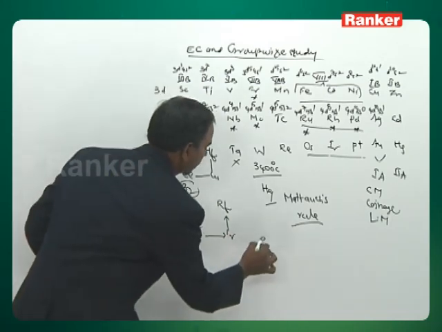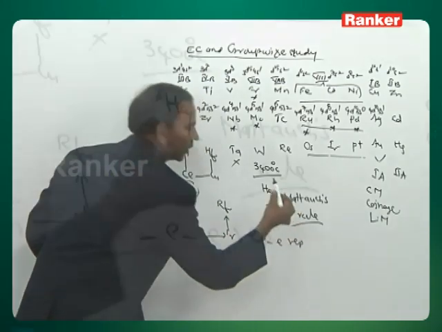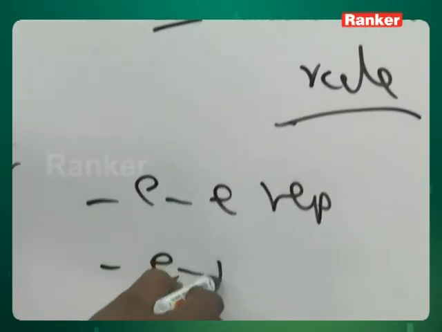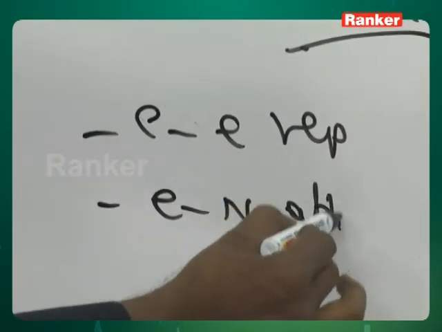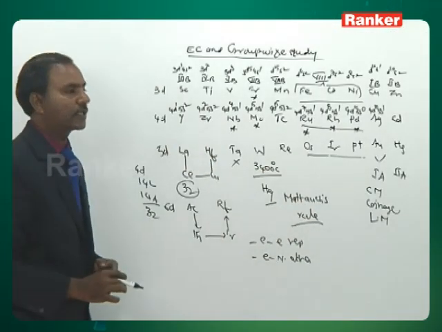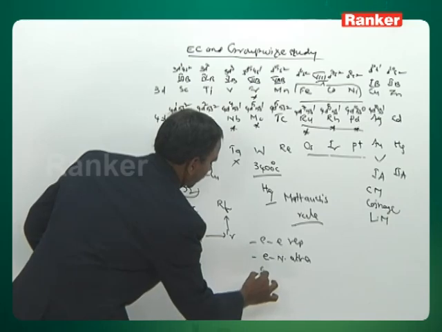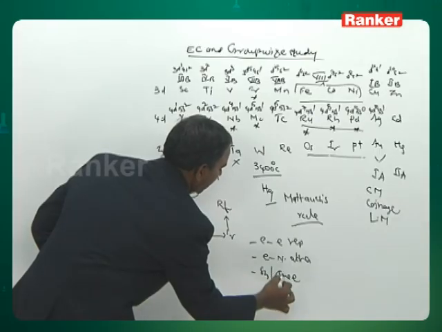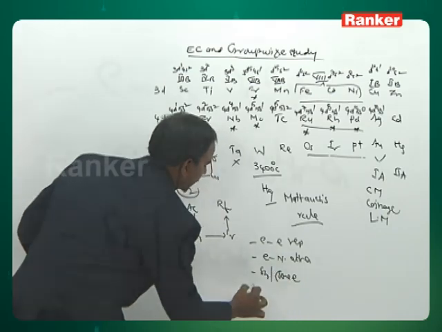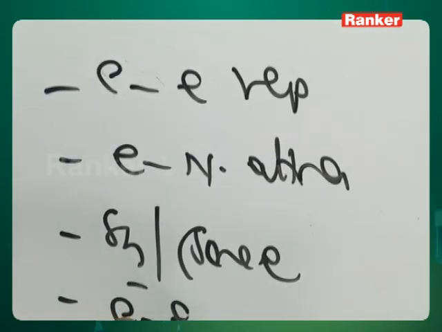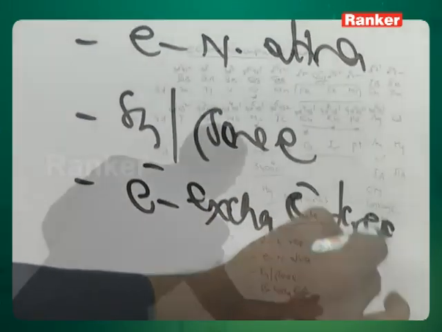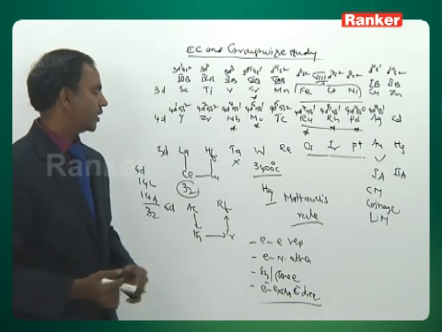It is due to what? Electron-electron repulsions, or it may be due to electron-nucleus attractions. It may be due to shielding effect or screening effect, or it may be due to electron exchange energy force.